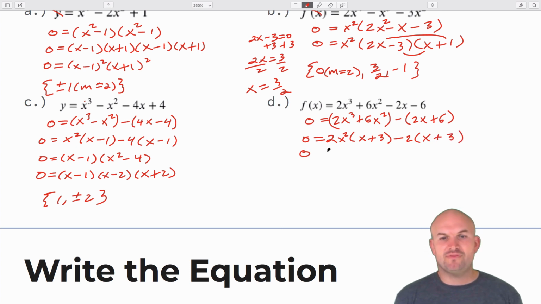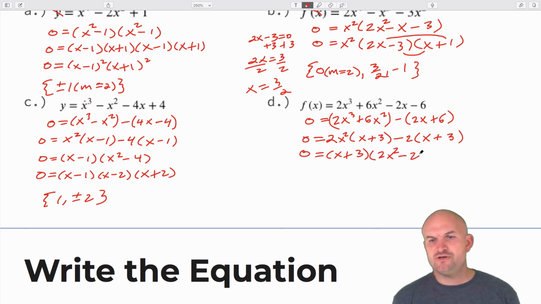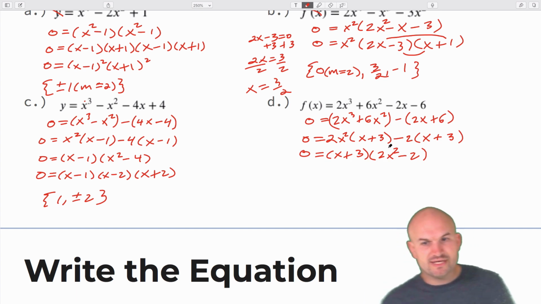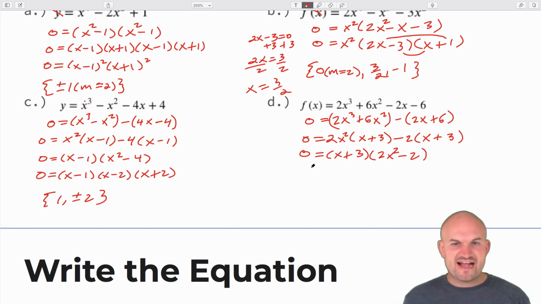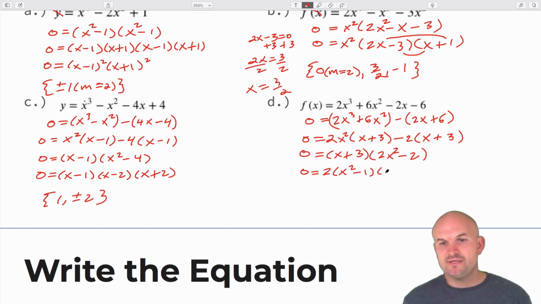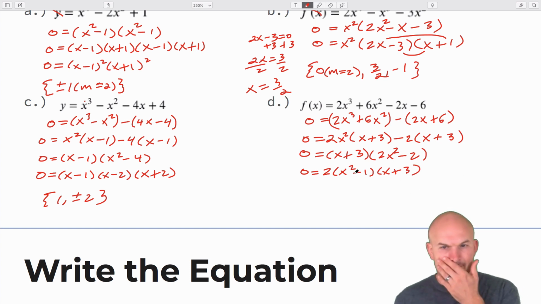Now I can factor out the x plus 3, I'm sorry. And that's going to leave me with a 2x squared minus 2. Now, again, from here, you could factor this out, but let's factor out the 2 again. So let's actually rearrange this. If I factor out the 2, that's going to leave me with an x squared minus 1 times an x plus 3. Okay? Now, in this case, you could do the linear factorization. But again, if you struggle with the linear factorization, you can just go to the zero product property from here.